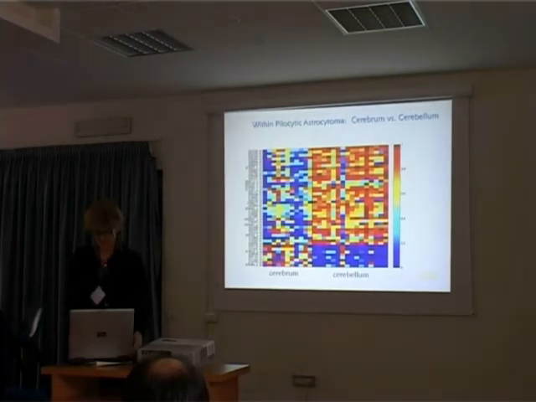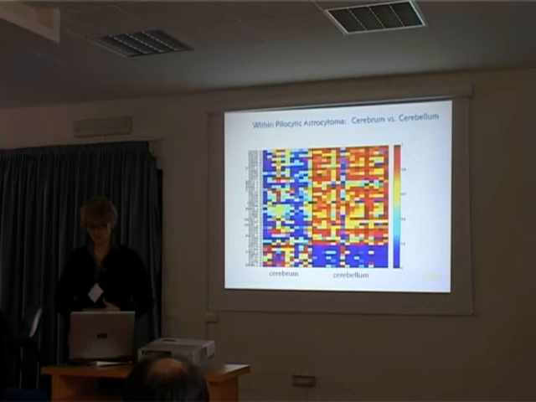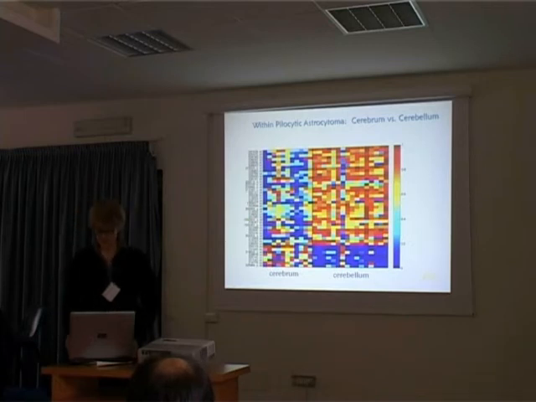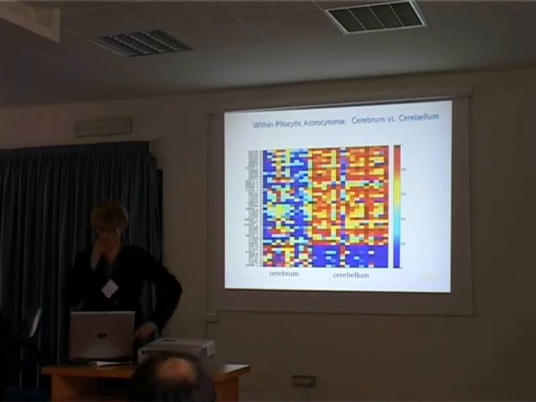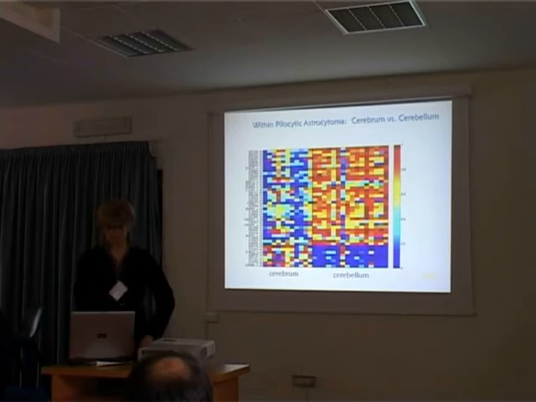This is the first heat map on pilocytic astrocytoma, and as you can see, the red and the blue let us distinguish the group of genes that are differentially expressed in cerebrum versus cerebellum.